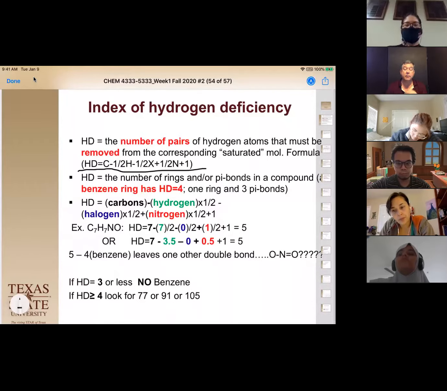So a benzene would give us a nice fragment of 77 right here. A benzene with a CH2 adjacent to it, so a benzylic carbon, will give us a 91, and we'll talk about that today. And then we also have another fragment of 105 that we can look for. But before we get too far along that, let's go ahead and actually do a calculation with these hydrogen deficiencies to see where we are.